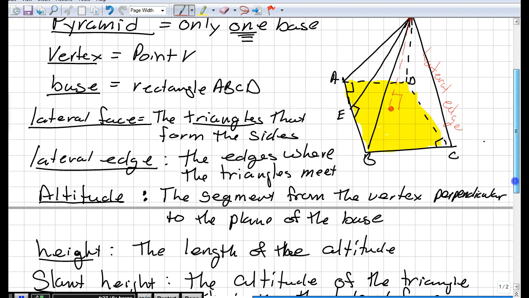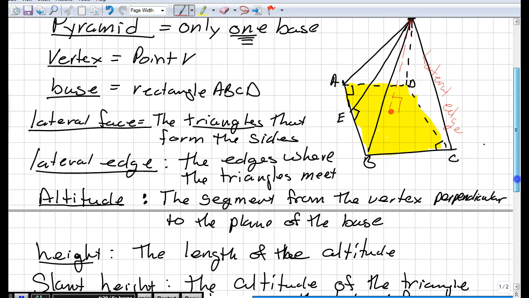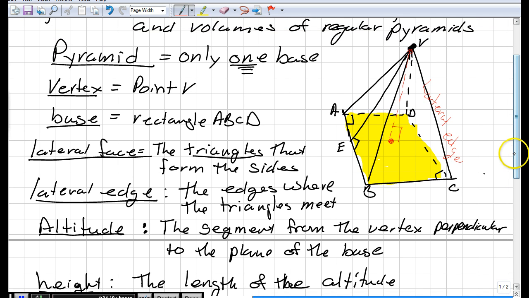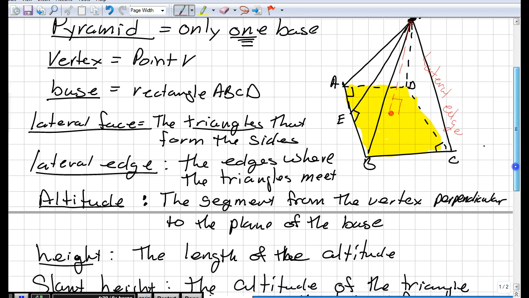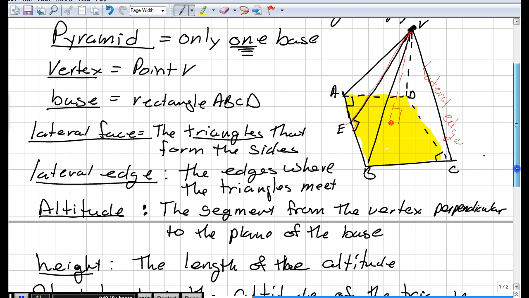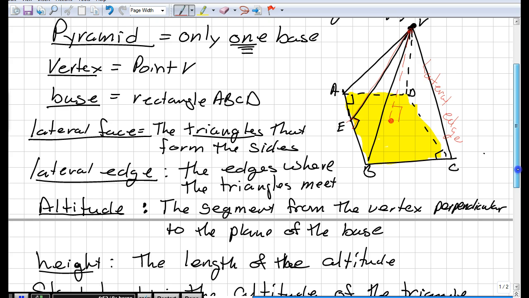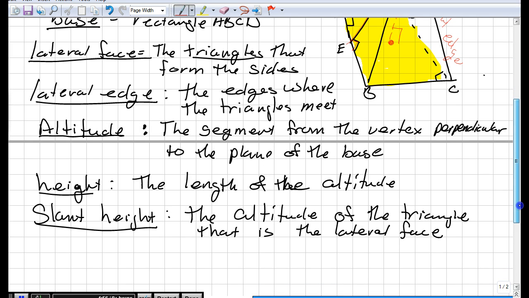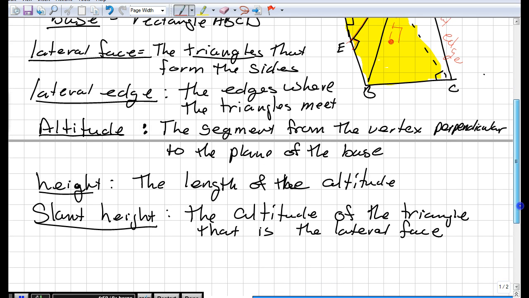The height is the length of the altitude, and in a pyramid there's actually two different heights. There's the height of the pyramid, which is the altitude, and then there's what we call the slant height, which in my picture would be the segment VE, which is an altitude of the lateral faces that form the triangle.